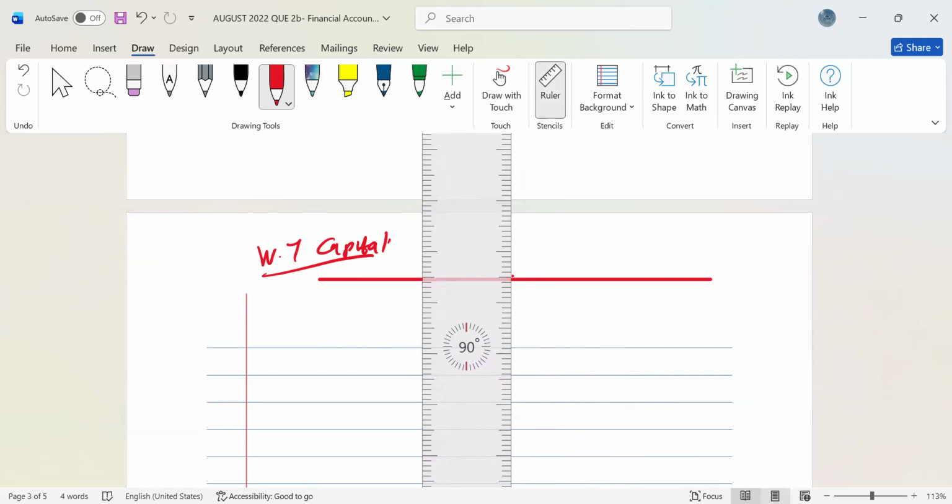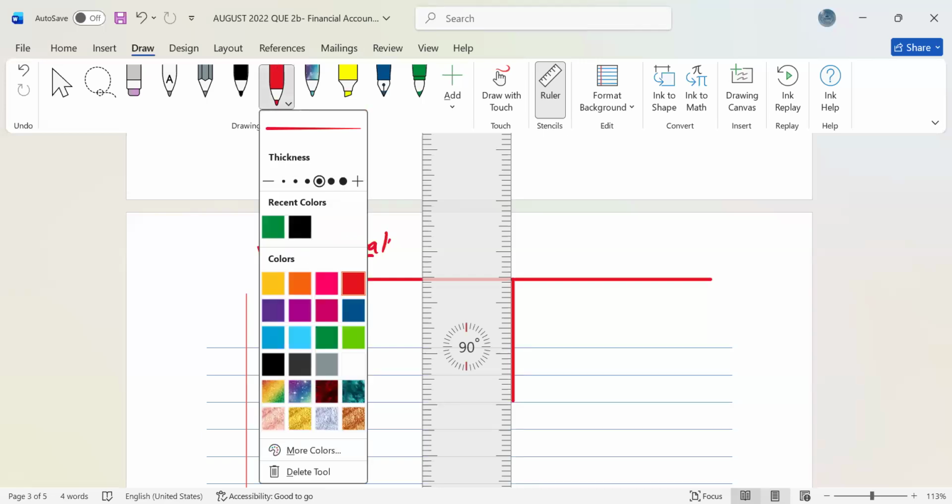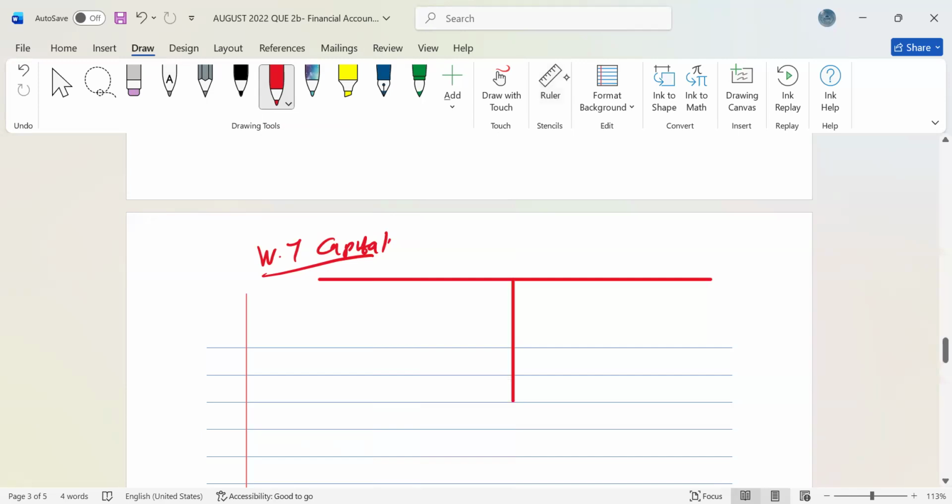Capital is supposed to be credited, so its opening balance will be credited. Balance brought down. How much was it?